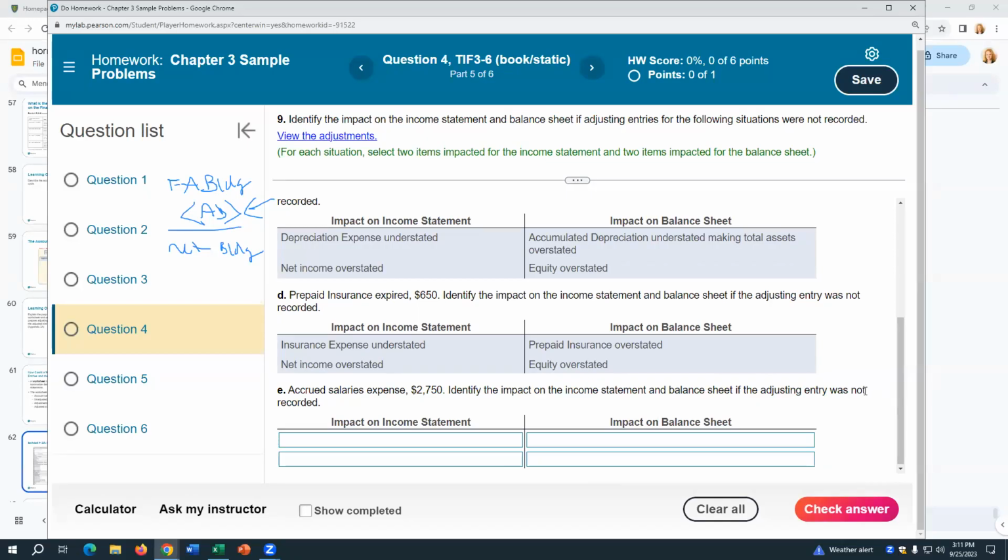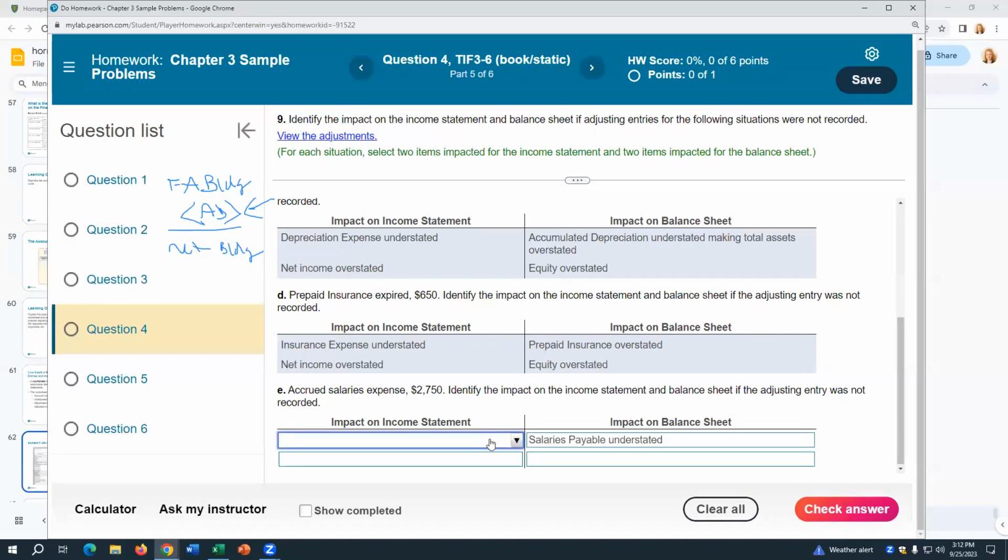All right, we're on the home stretch. Almost done. Okay, accrued salaries expense of $27.50. So people worked, we incurred the expense, but we did not record that we owe them the money on our balance sheet, right? So we've got salaries payable that we did not record. So salaries payable is, yep, thank you. I saw someone mention salaries payable is understated.